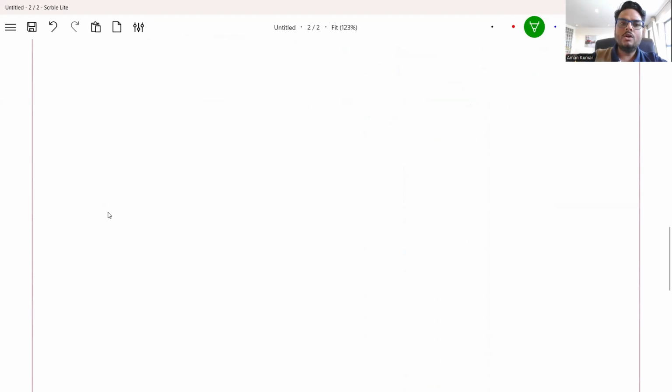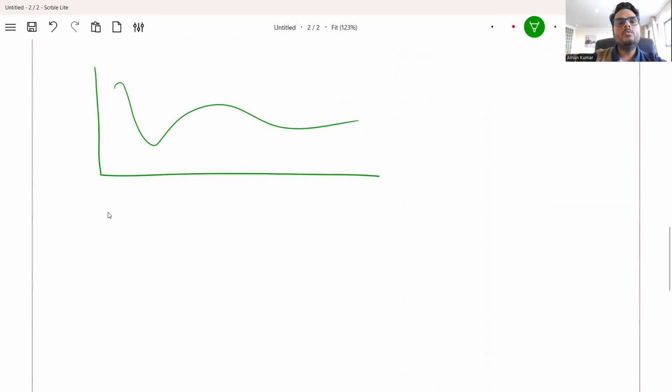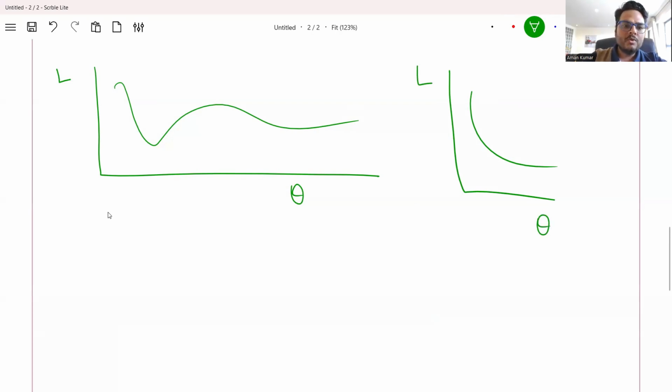You have understood that loss function can be of any form, this form. On one axis, this could be your loss. On this axis, this could be your parameter. Loss function could be of this form. This is your loss, this is your parameter. What we want to do? We want to reach the minimum of the loss function, for example here, and we want to capture this parameter value, for example, theta 1.